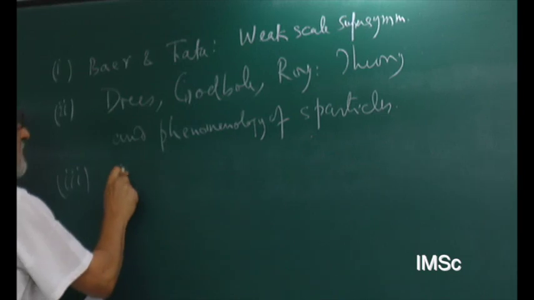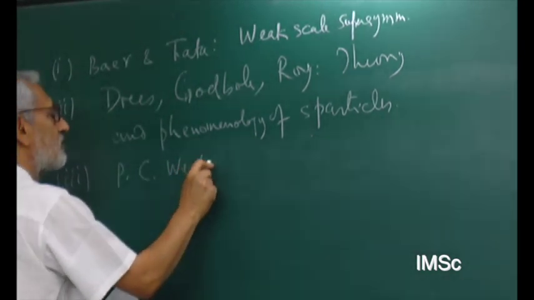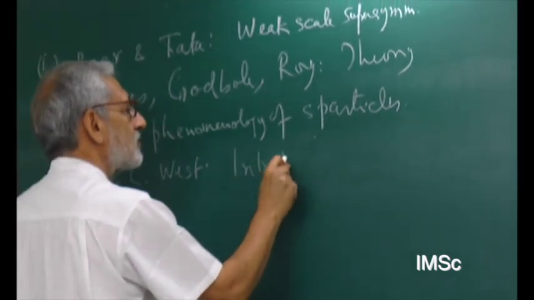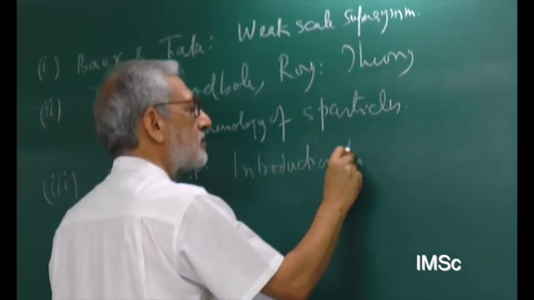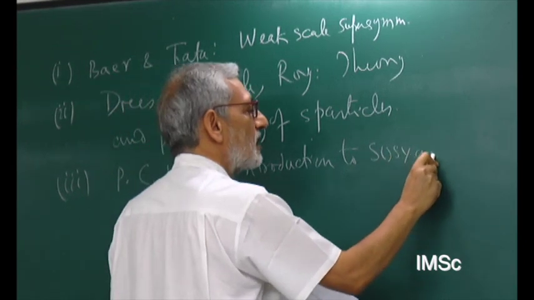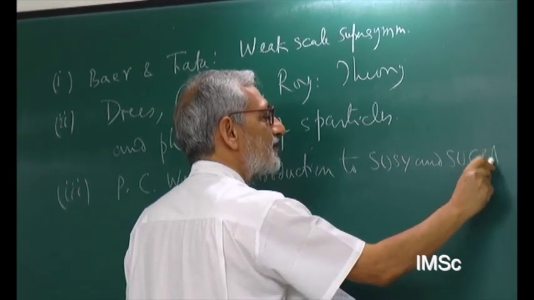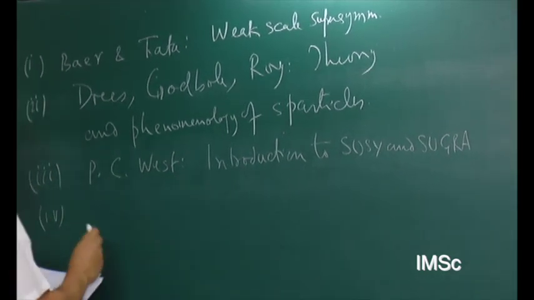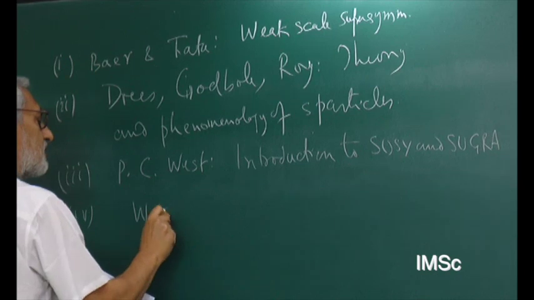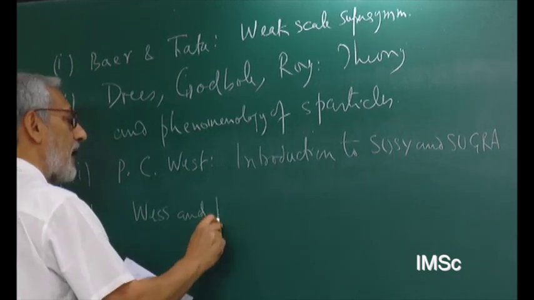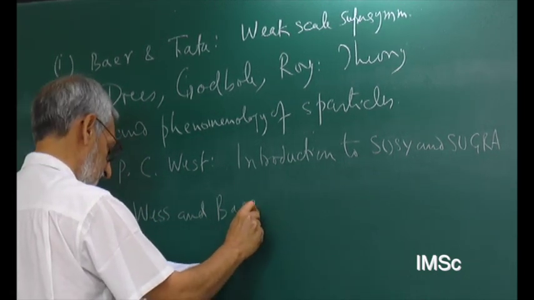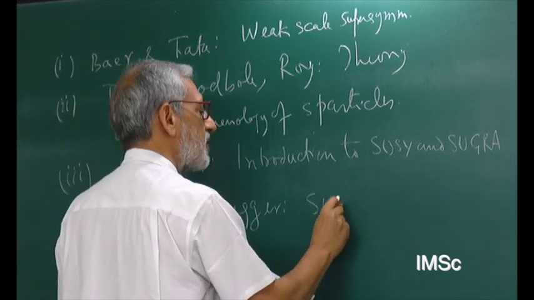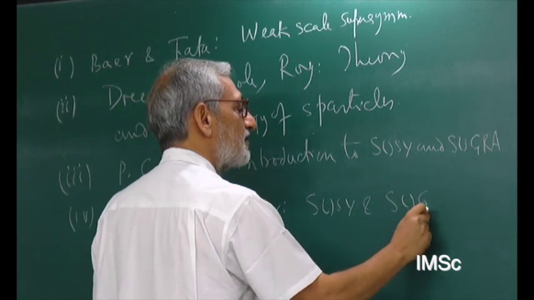There's a book by Peter West, Introduction to Supersymmetry and Supergravity. And there's a book by Julius Wess and Bagger. Bagger is with 2 G's or 1 G? 2 G's, I think. And it's called Supersymmetry and Supergravity.